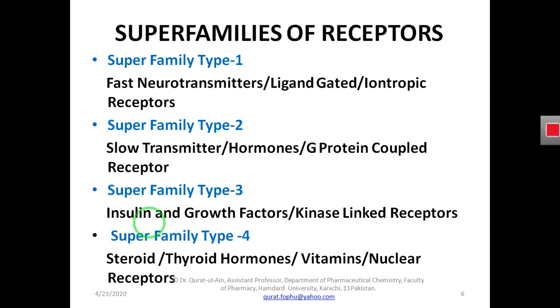When they bind with the ligand, for example the platelet derived growth factor receptor binds with the ligand PDGF, and the EGF receptor, the epidermal growth factor receptor, binds with epidermal growth factors.